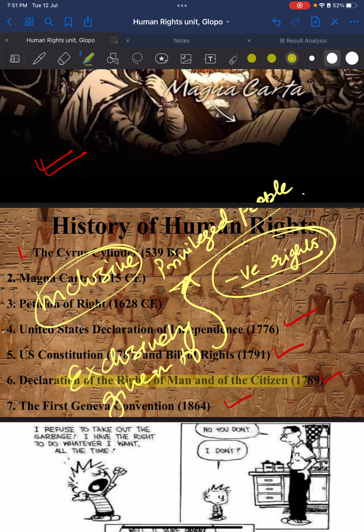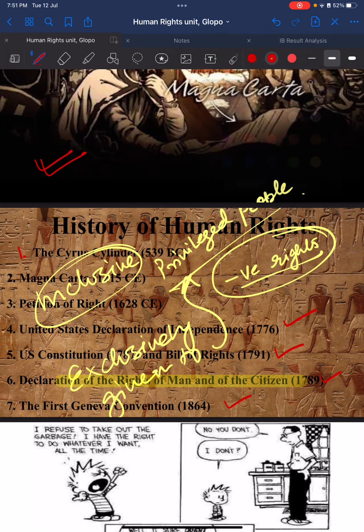Now, in the present moment, you see, modern human rights are more comprehensive, right? It's not just covering privileged people, but it is covering all strata of the society. Human rights are no longer limited to legal and political freedom, but are extended to include economic, social and cultural rights as well. So earlier what was happening?